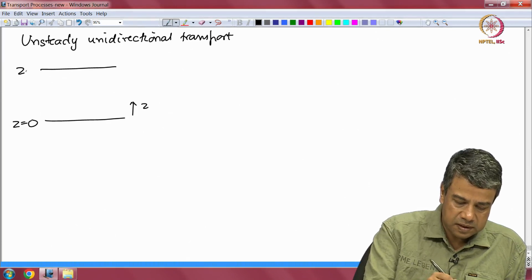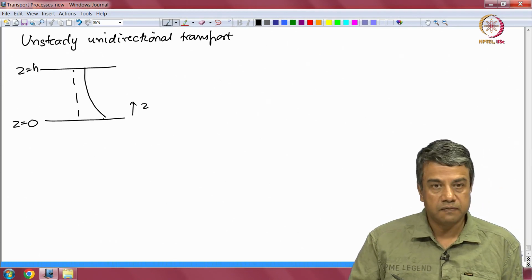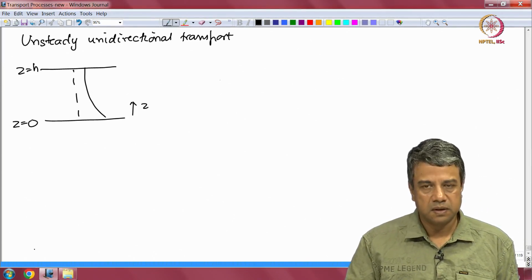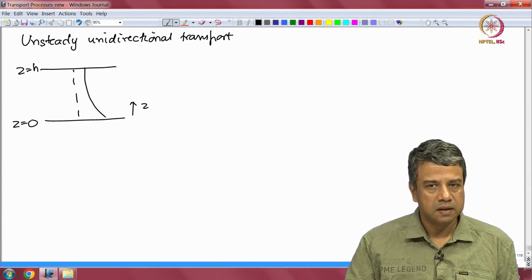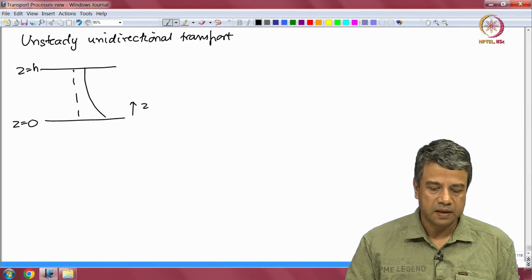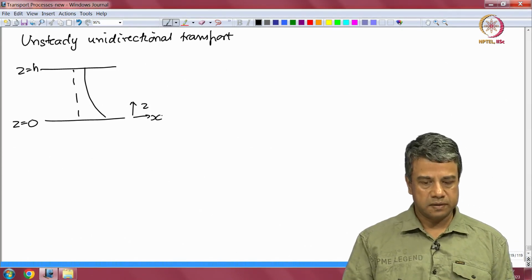to 0 and z is equal to h, and there is some variation in the field variable between these two. Field variable, concentration for mass transfer, temperature for heat transfer and velocity in the x direction for momentum transfer.